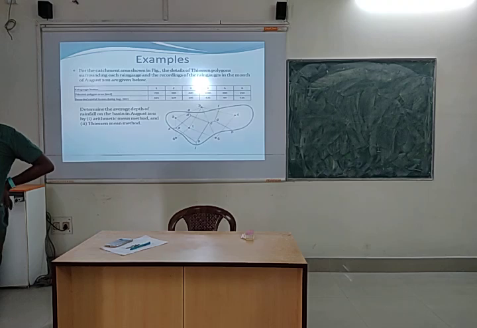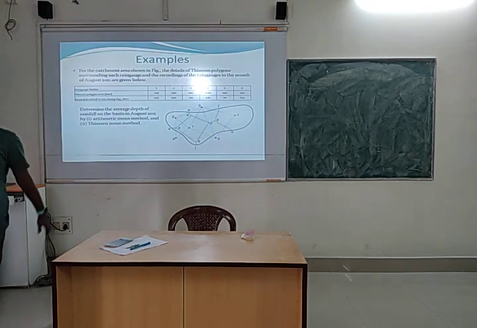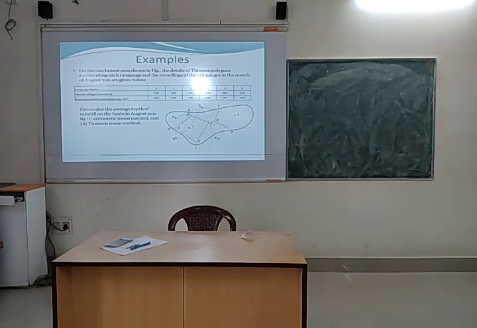Whenever you are finding out the average rainfall by simply arithmetic mean method, you need not consider the data from outside of the catchment area, right? Here only three rain gauge stations are there which are inside the catchment.